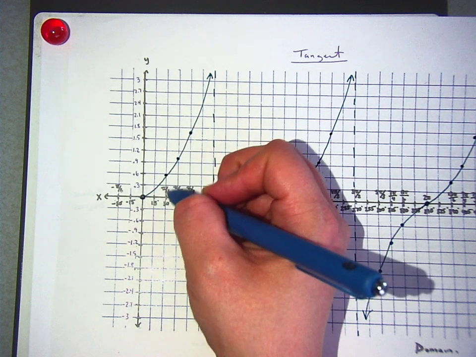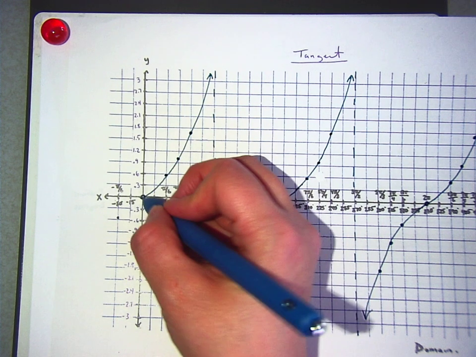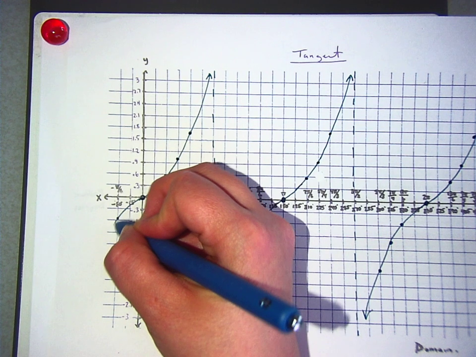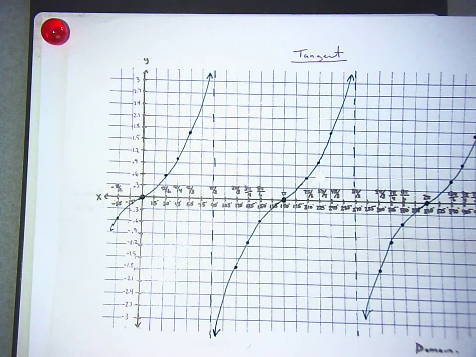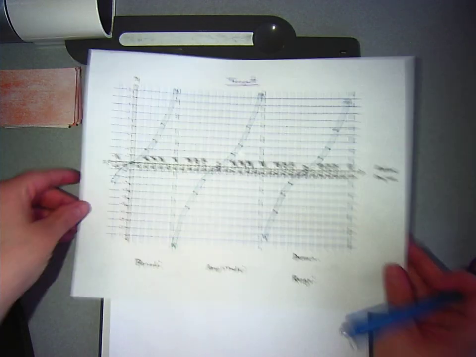That negative pi over 6 was a little short of negative 0.6, so it should look like this. And that's what the whole shebang looks like for tangent graphs.